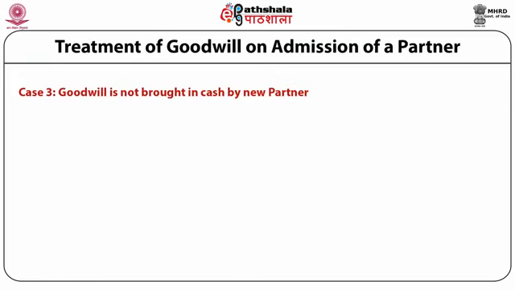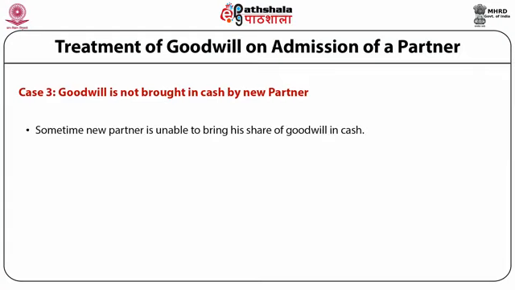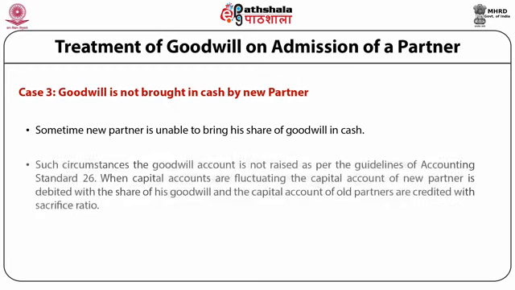Case 3. Goodwill is not brought in cash by the new partner. Sometimes the new partner is unable to bring his share of goodwill in cash. In such circumstances, the goodwill account is not opened or raised as per the guidelines of Accounting Standard 26.